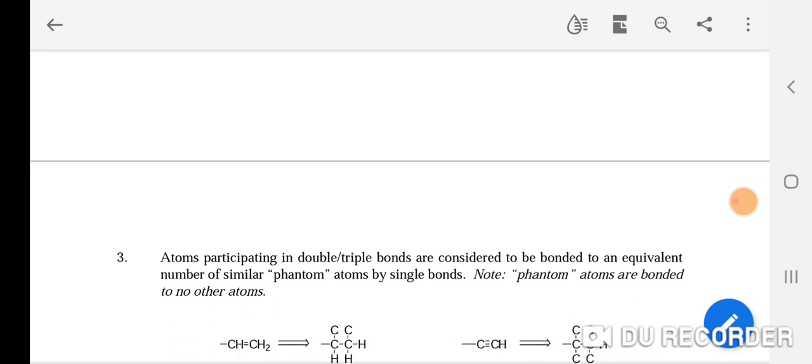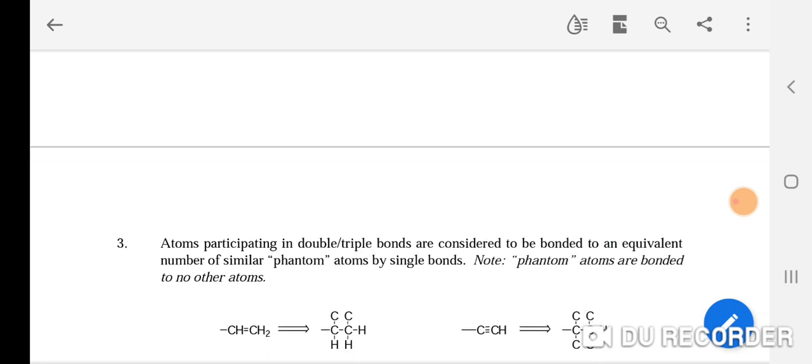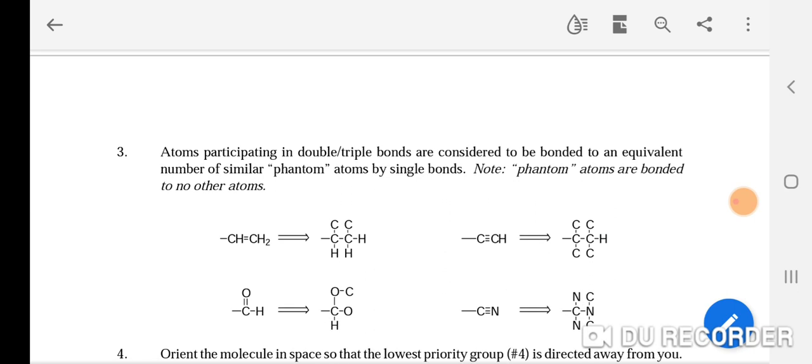In the third rule, atoms participating in double or triple bonds are considered to be bonded to an equivalent number of similar phantom atoms by single bonds. Note that the phantom atoms are bonded to no other atoms. See this example, CH=CH2, in which the two carbons on the upper side are not attached to any atom, therefore they are phantoms.